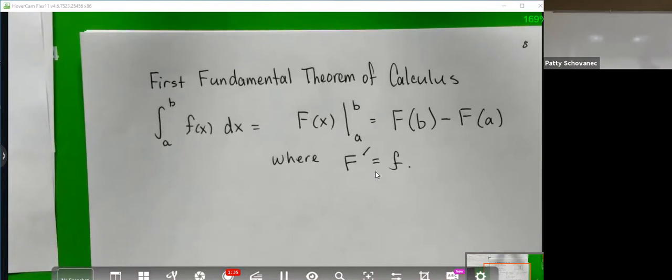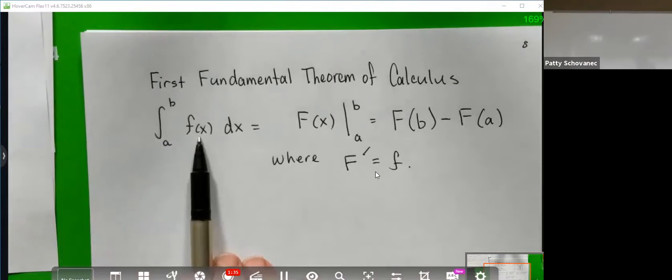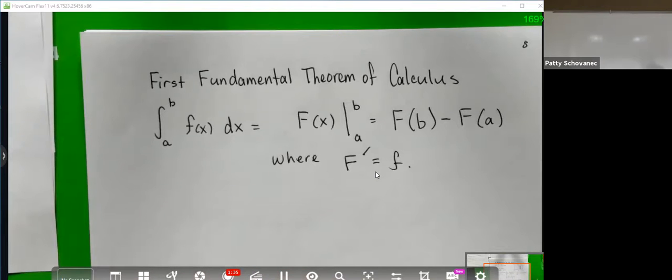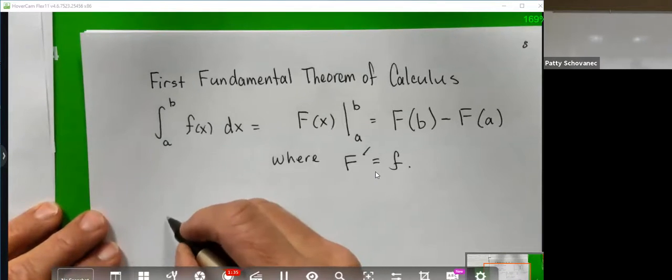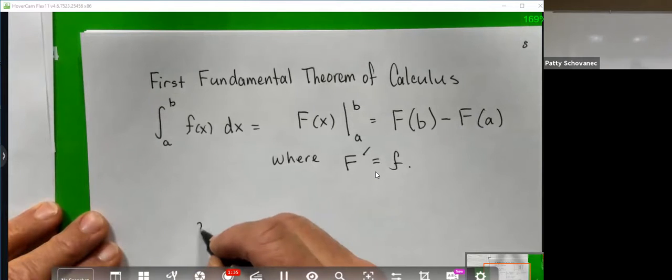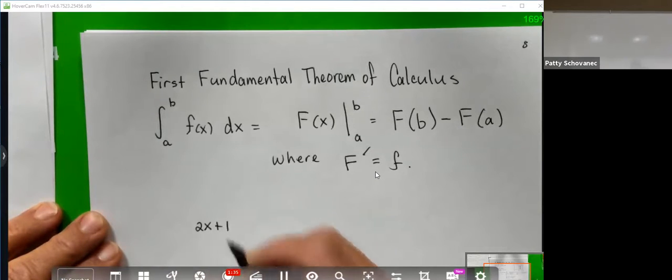Some restrictions are put on this function in that it's got to be nice, right? Can't have a bunch of different breaks in it. Now suppose I have a function like this. Let's take something easy. Let's take 2x plus 1.